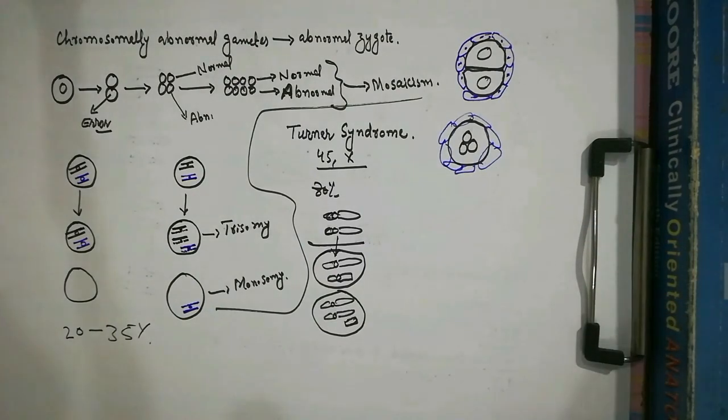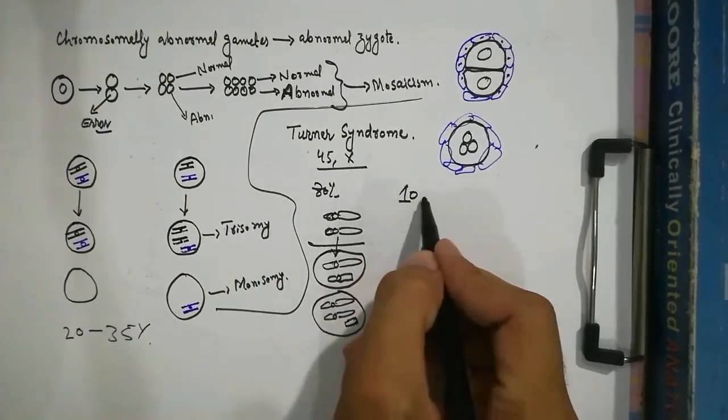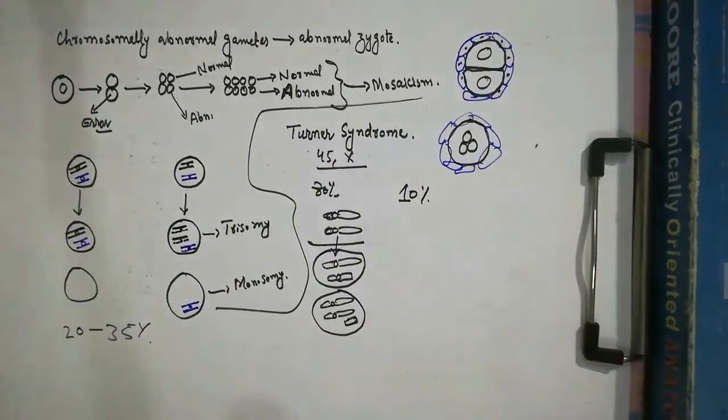As compared to female gametes, the ratio of formation of abnormal male gametes is more. Normally, in a fertile individual, about 10% of ejaculated sperms are grossly abnormal. For example, some contain two heads, some contain two tails, or some have no tail.